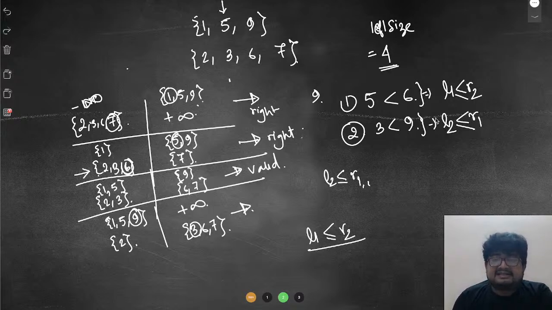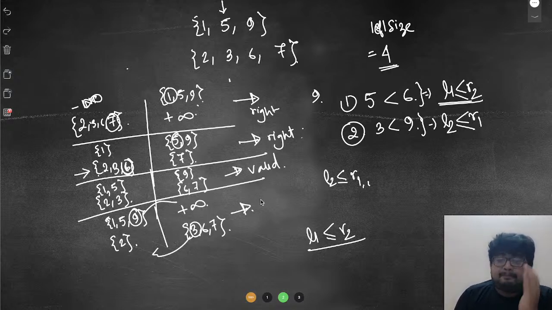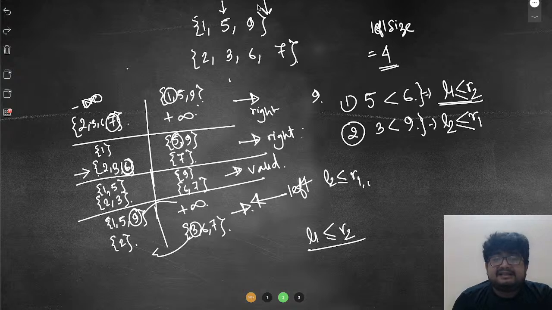This condition is getting violated, which means we have taken more elements from the first array. So we should get rid of some elements from the first array towards the right and take some elements from the second array to the left. That means the partition should move to the left hand side, because this is not a valid place to make the partition.